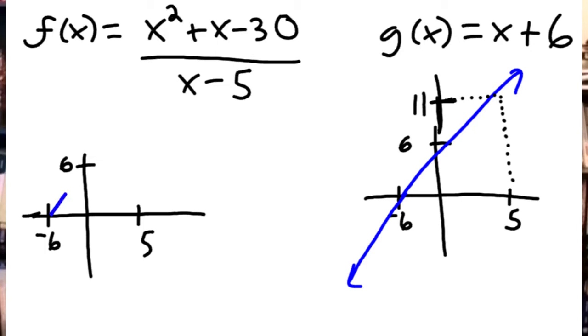So again, it's that same line. The only thing is when I get to 5, I have an open circle because the graph is undefined when x equals 5. That is the only difference between the graph of f of x and the graph of g of x.